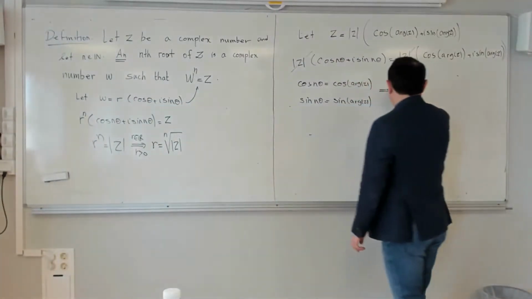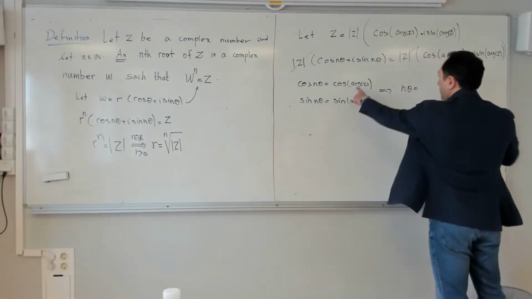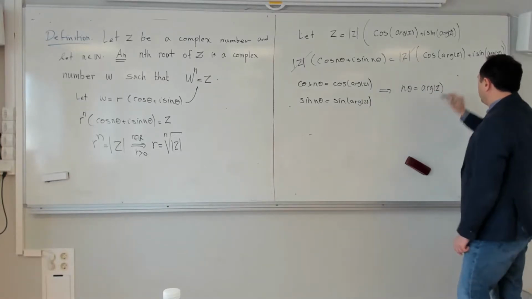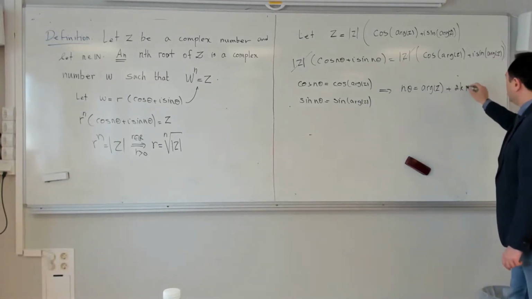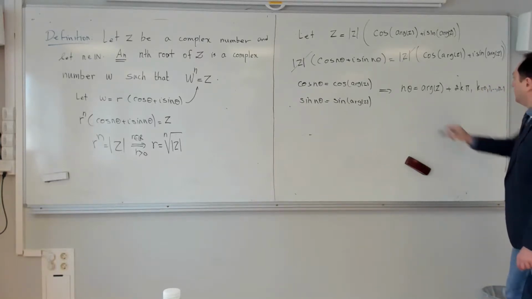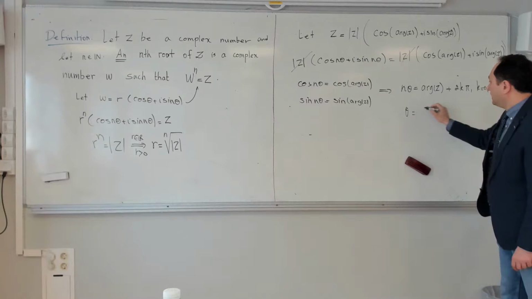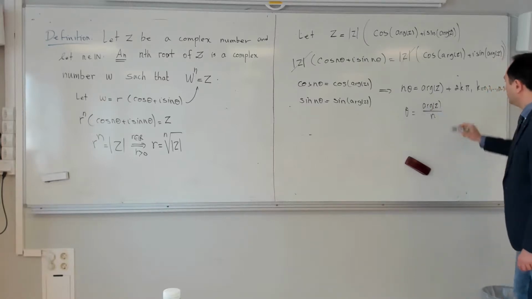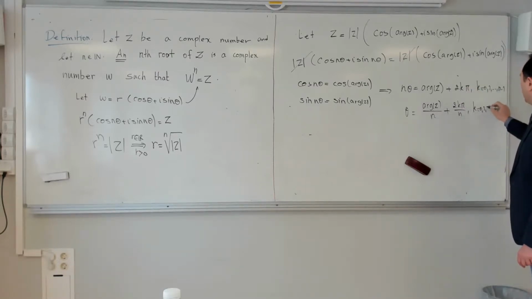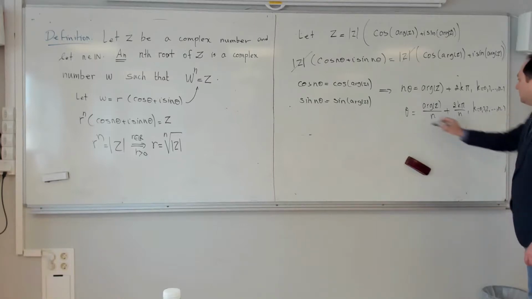I can conclude n theta is nothing except argument of z plus, of course, 2k pi. And k goes from 0 up to, by that rule of thumb, up to this one. So theta is argument of z divided by n plus the 2k pi divided by n. K goes from 0, 1 up to n minus 1.